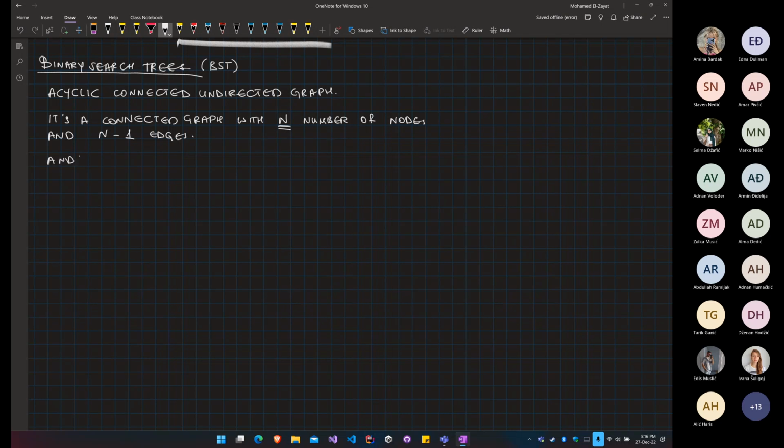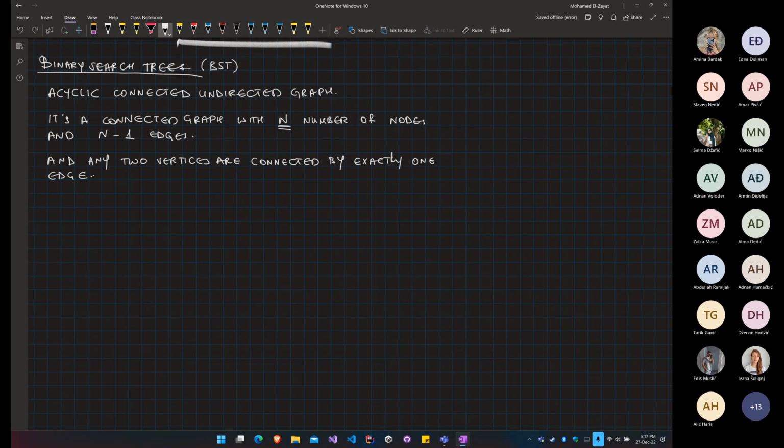And any two vertices are connected by exactly one edge, which is very important.